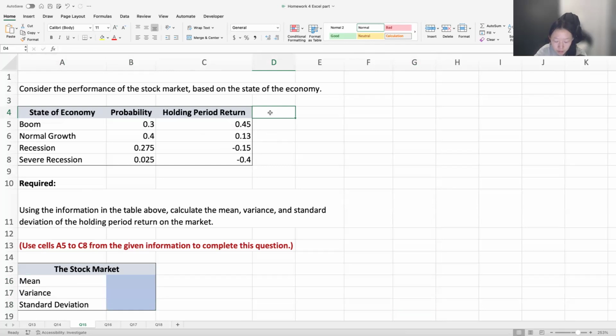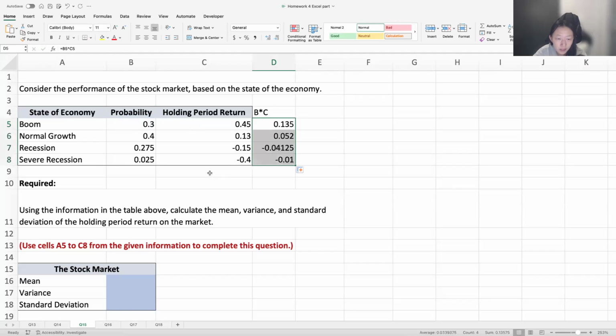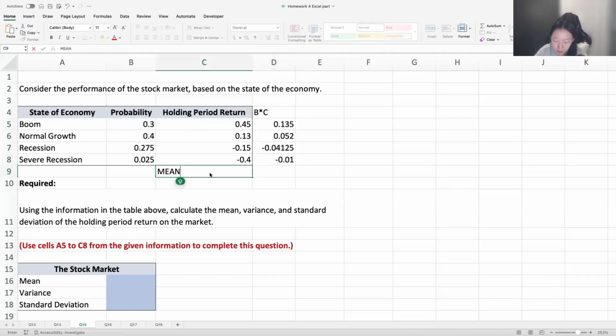So first of all, we use the weight times the return. So column B times column C. And then the mean will therefore equal the sum of the above in percentage points.